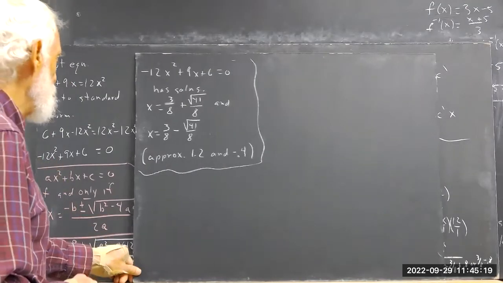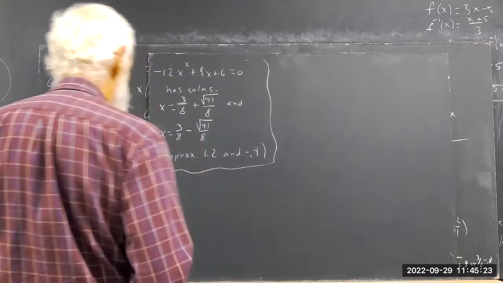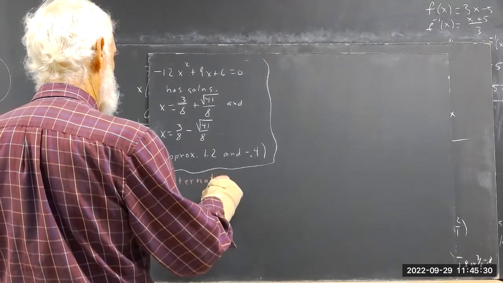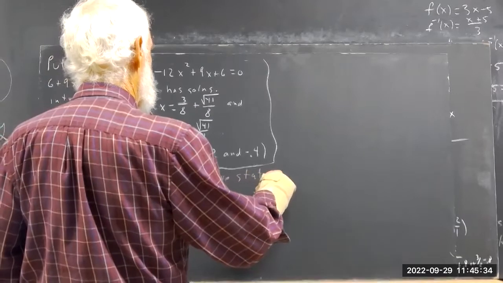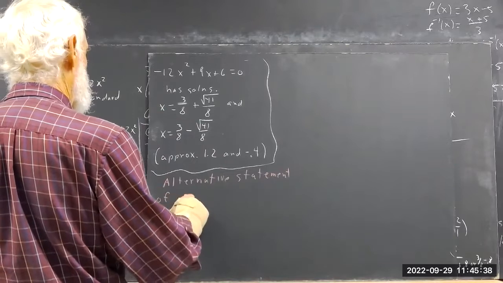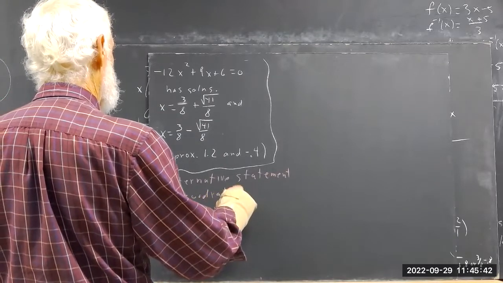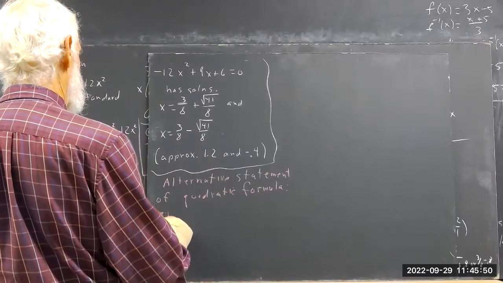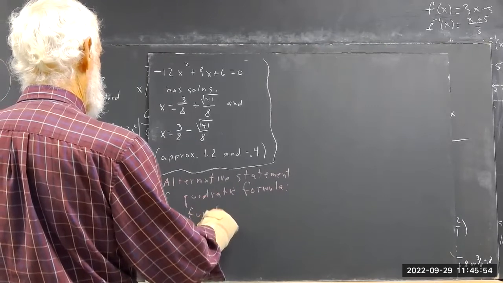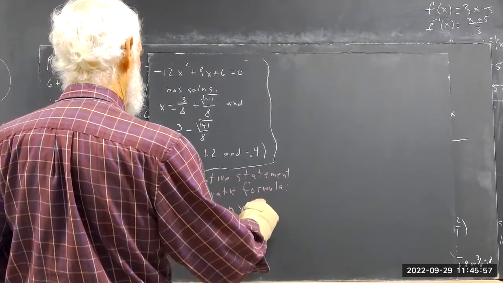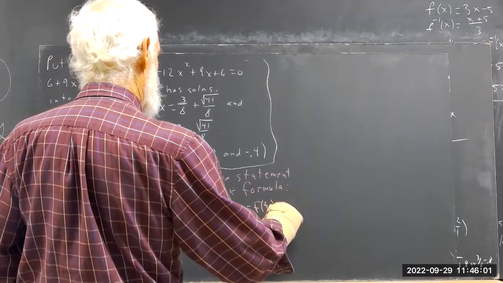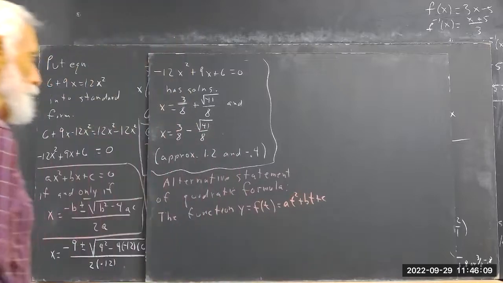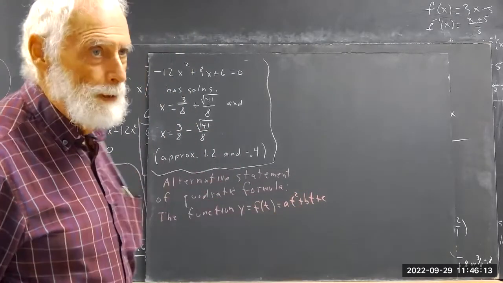So another way of stating the quadratic formula is the function y equals f of t equals at squared plus bt plus c.